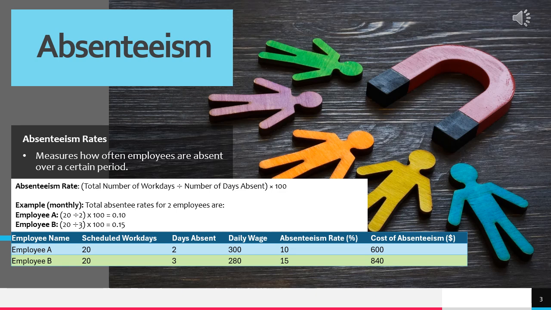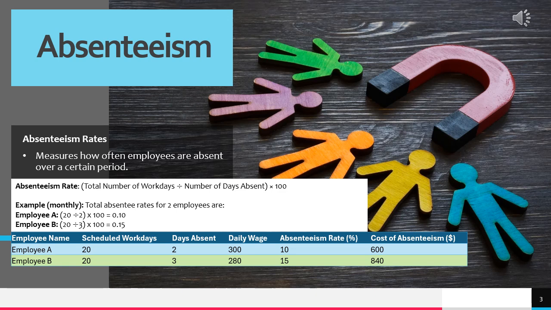Tracking absenteeism metrics using both absentee rates and absentee cost analytics is essential for companies to maintain productivity and manage operational costs. The absentee rate provides insights into how often employees are absent, helping identify patterns or potential underlying issues such as low engagement or health related concerns.